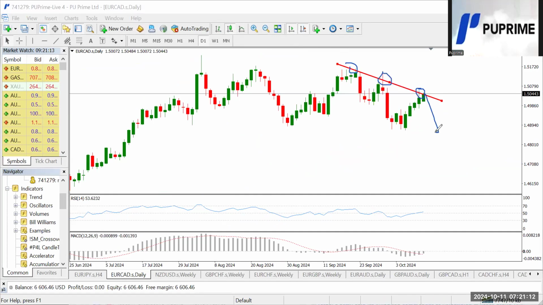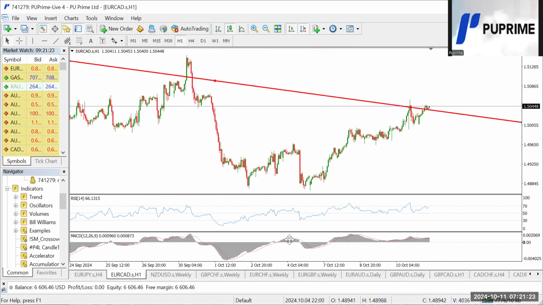So technically, we're looking at a decline, all things being equal. And we can flip down to 1 hour. On the 1 hour time frame, we can draw our trend line, and we can draw a second one at the back to form a rising wedge.